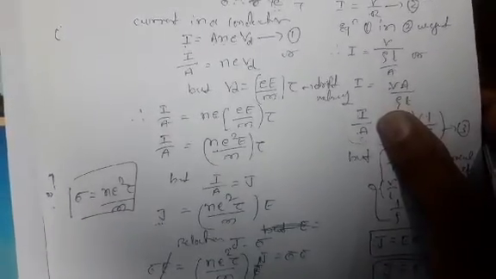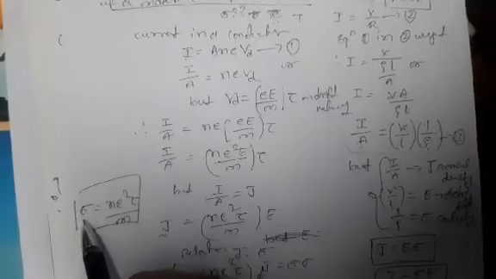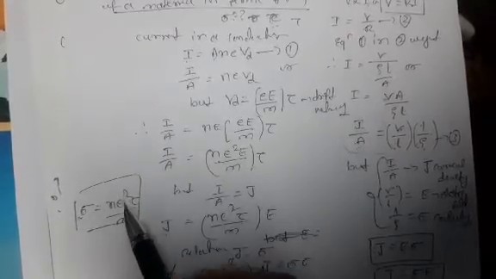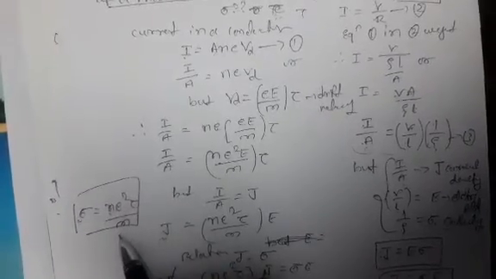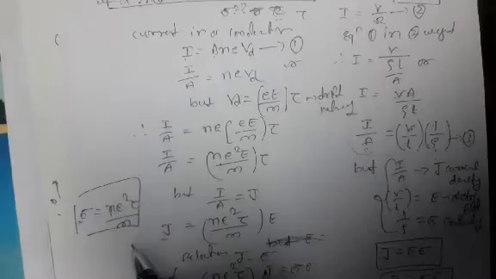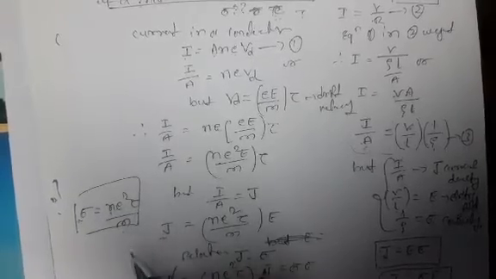This is the expression for conductivity in terms of relaxation time, or derive the expression for conductivity of a material, where sigma is called conductivity, N is the density, e is the charge of the electron, tau is the relaxation time, and m is the mass of each electron.